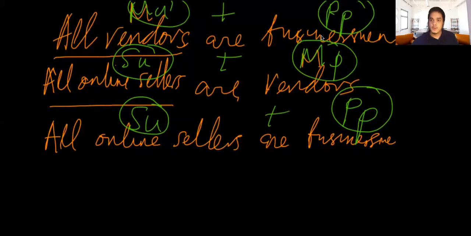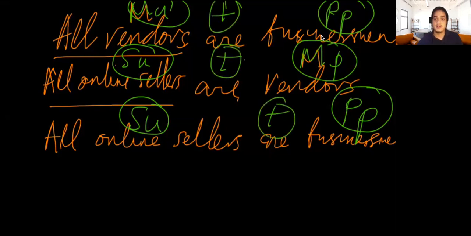So we have this figure one syllogism valid, especially since we have the copula affirmative plus affirmative. So there's no issue on its validity and rules.